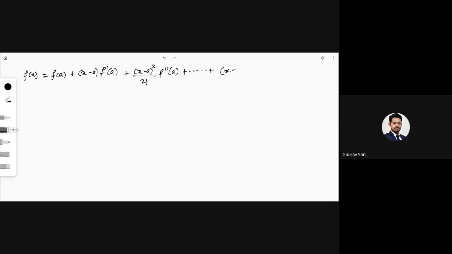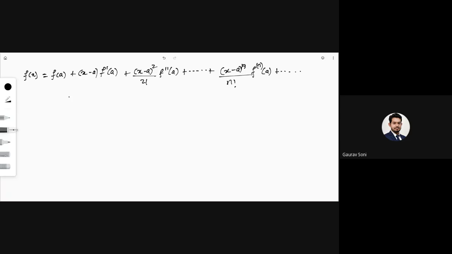So what we had, f of x, I wrote it down in the powers of x minus a as f of a plus x minus a f dash at a plus x minus a square divided by 2 factorial f double dash at a, and so on, x minus a raised to n upon n factorial f n of a plus dot dot dot.